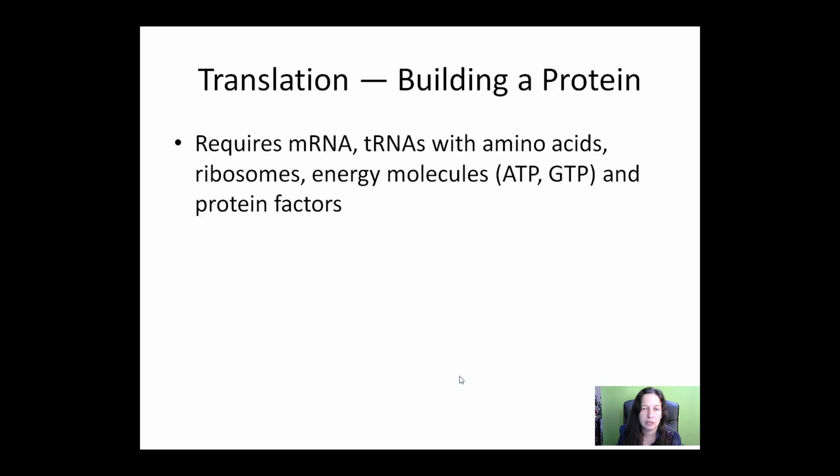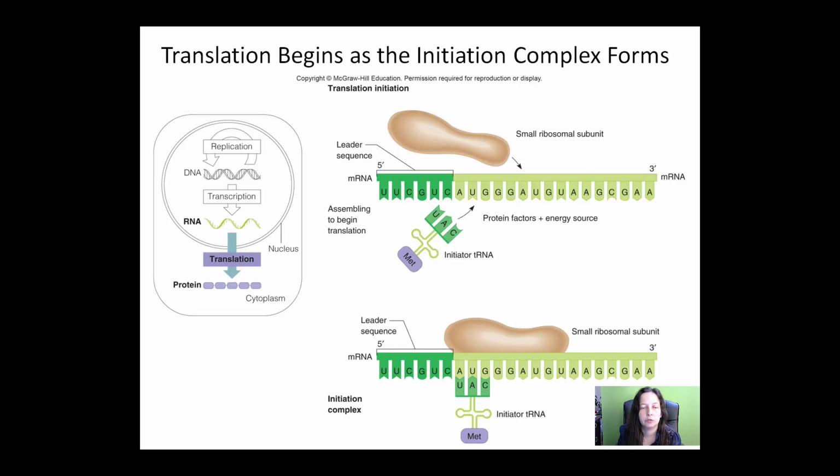So translation, how does it actually occur? It requires mRNA, tRNA with amino acid, ribosomes, and energy and protein factors. Translation is divided into 3 steps: initiation, elongation, and termination.